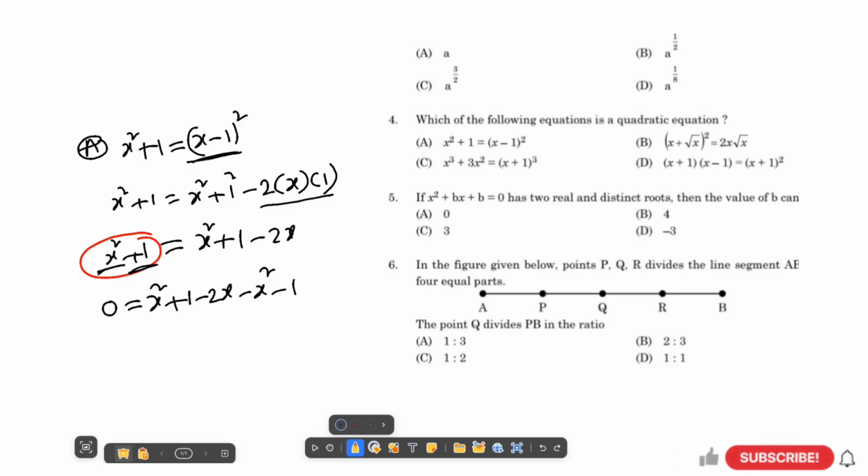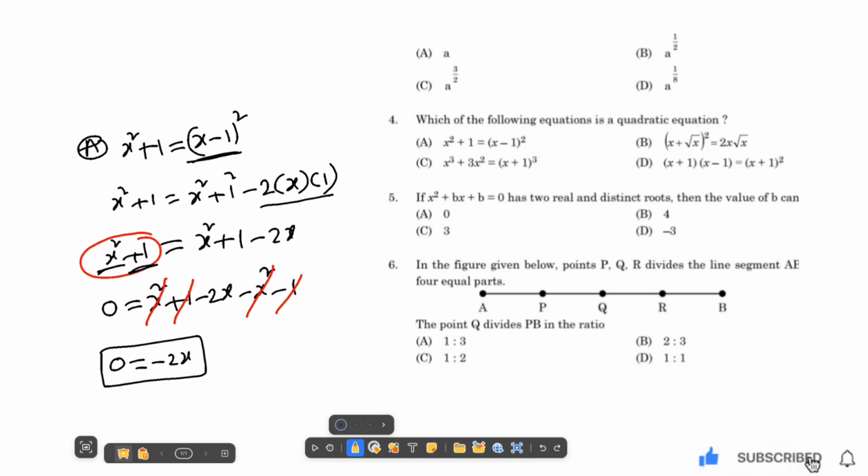Now we can cancel plus x square minus x square, plus 1 minus 1 gets cancelled. Now what do we have? We have left side 0, right side minus 2x. So it is not a quadratic polynomial, it is a linear polynomial. So option A is not right.